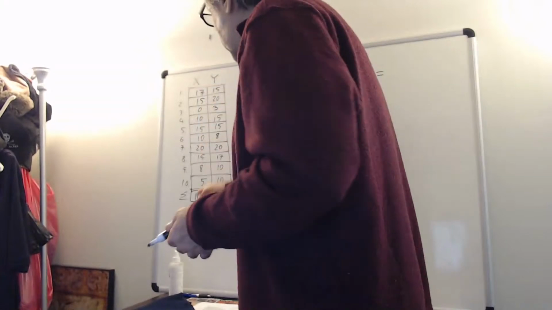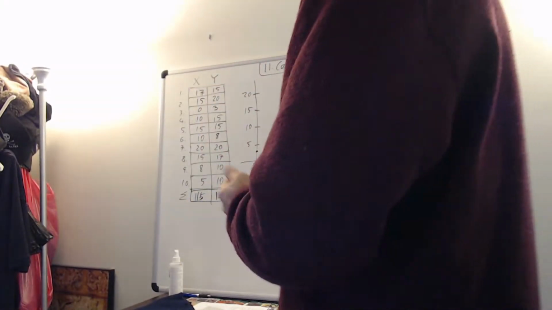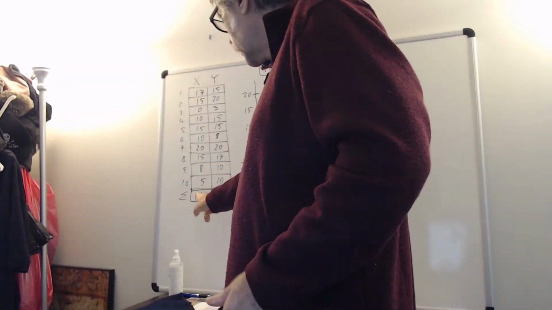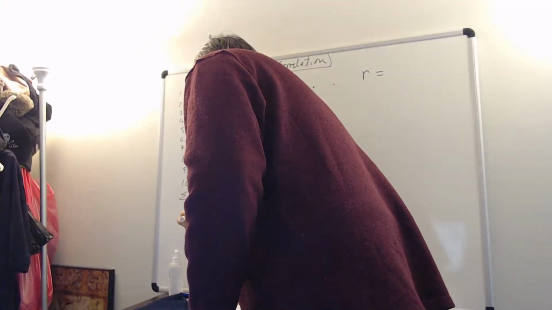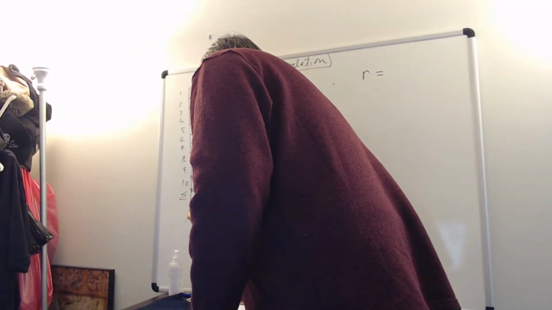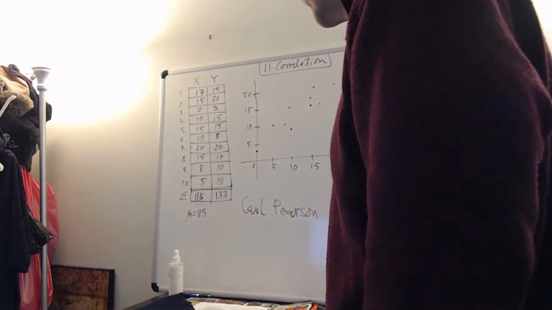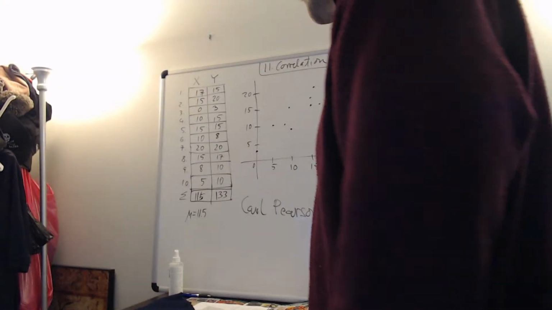You have the X values here in this sample. The average would be 11.5, right? The total of all of those scores of the students in the first quiz is 115. There are 10 of them, so it's 11.5 on average.